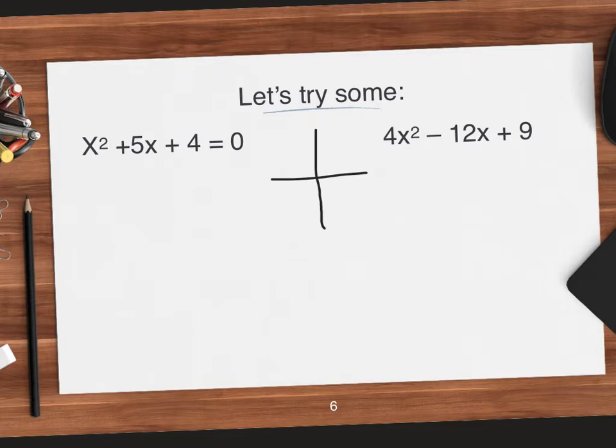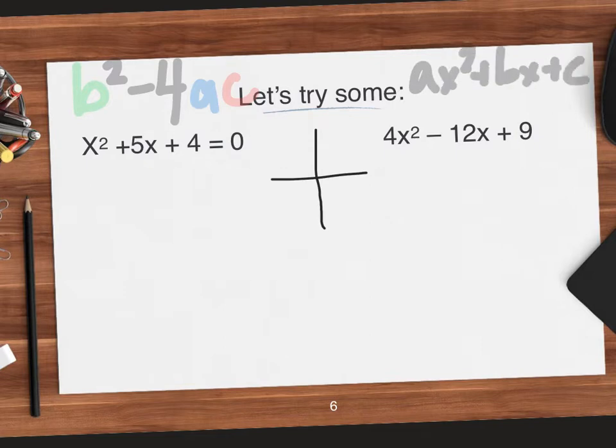So I am going to write up here, b squared minus 4ac. And then I'm just going to remind myself that it's ax squared plus bx plus c up here too.